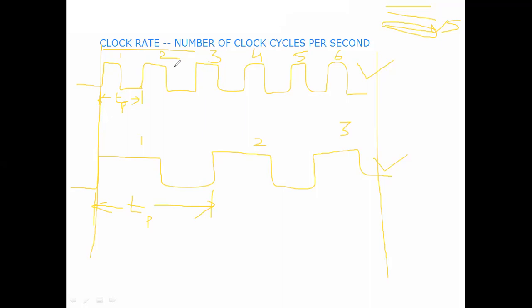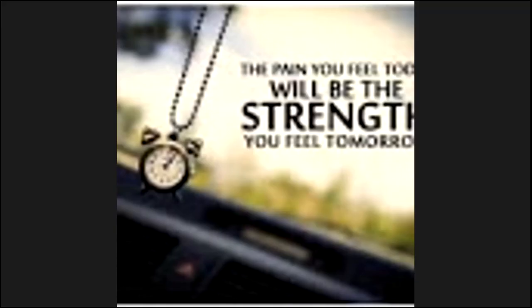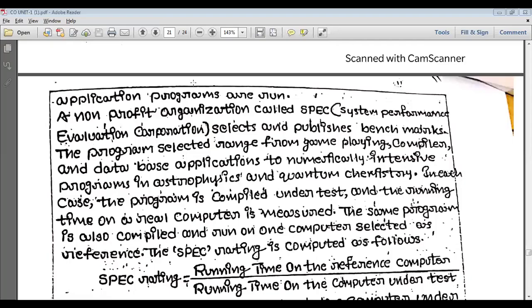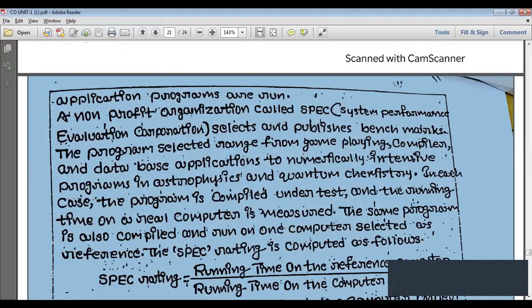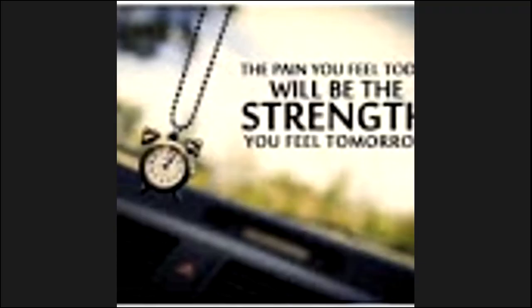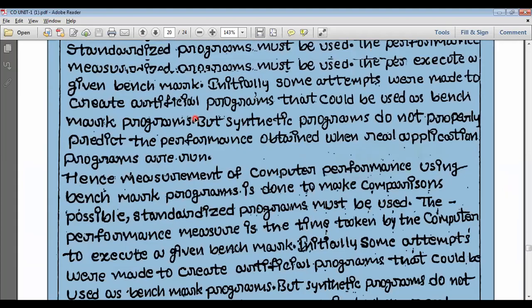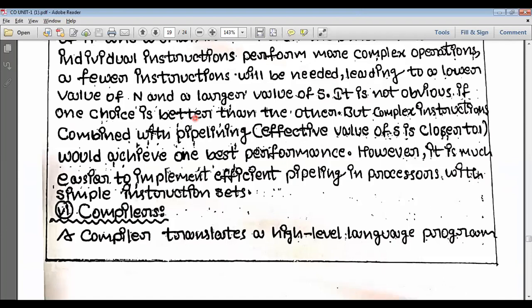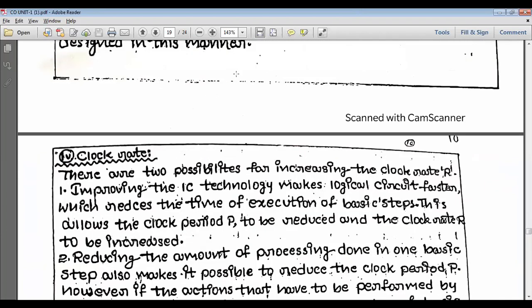If you see the material, see the clock rate.